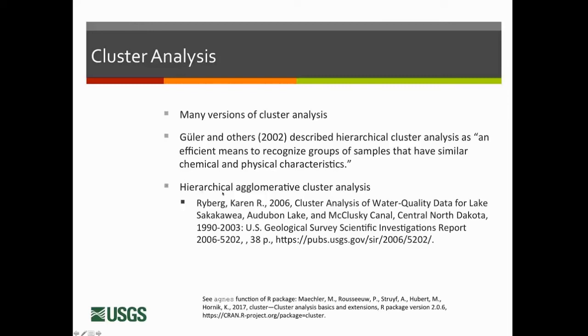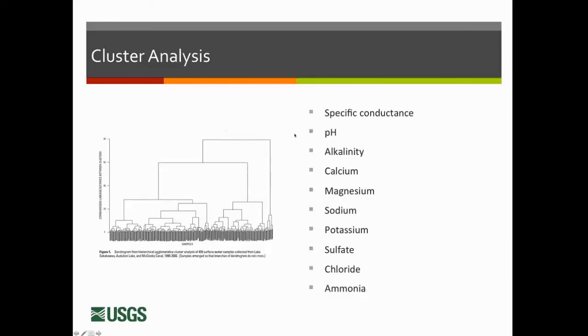And I used hierarchical agglomerative cluster analysis for this USGS report fairly early in my career, and I'm going to talk about that a little bit. Specifically, I used the Agnes function in the R package called cluster. So I had all of these variables. It was data that the Bureau of Reclamation had collected on 2 reservoirs and a canal.